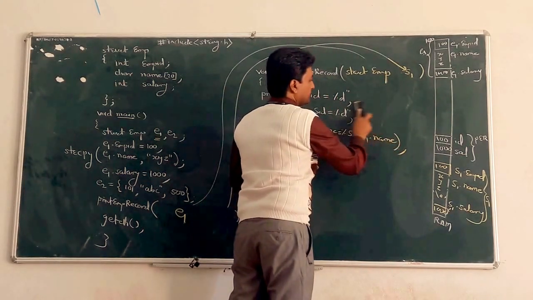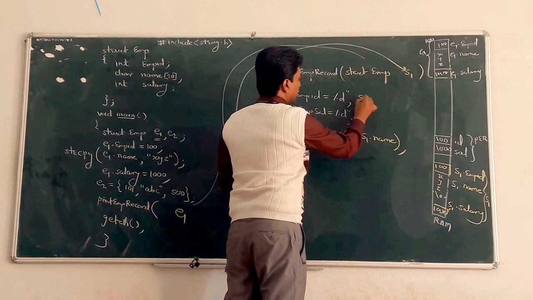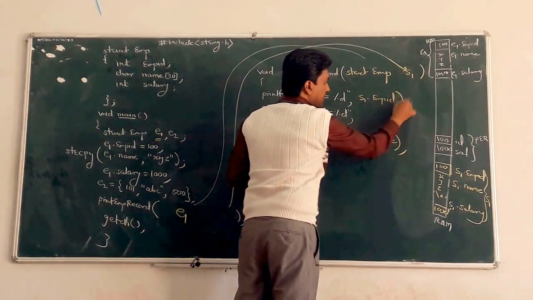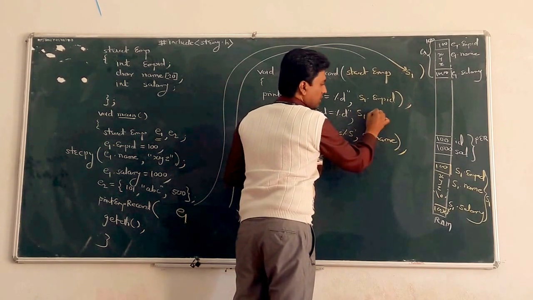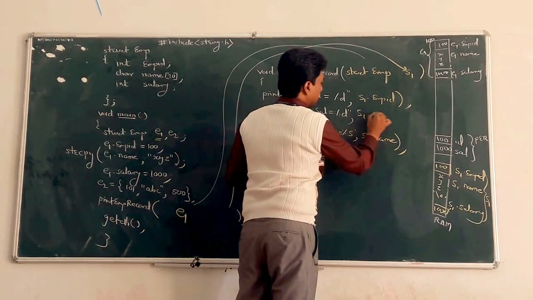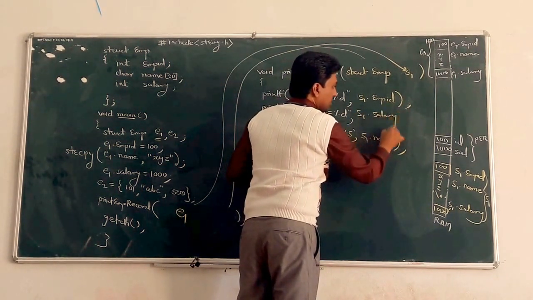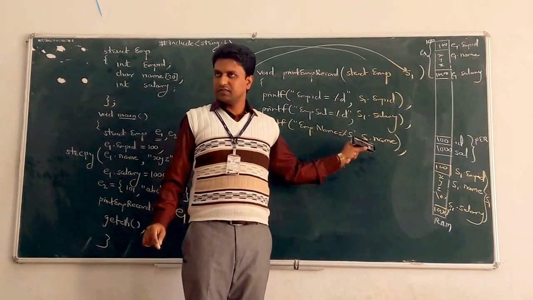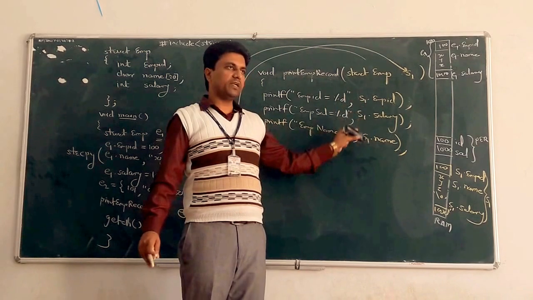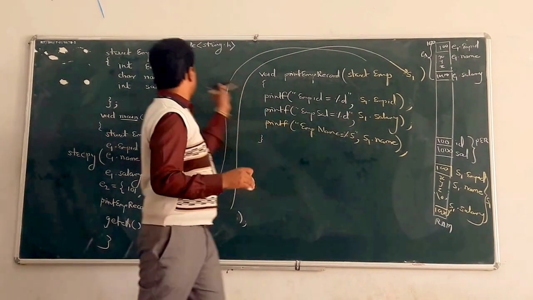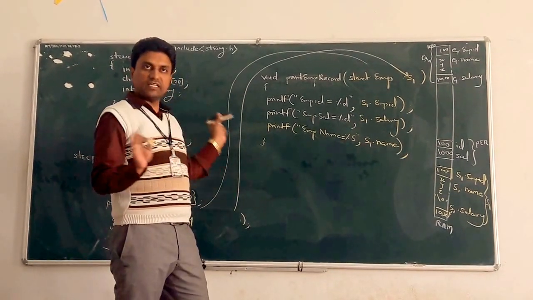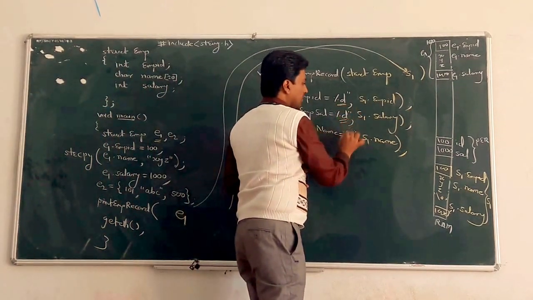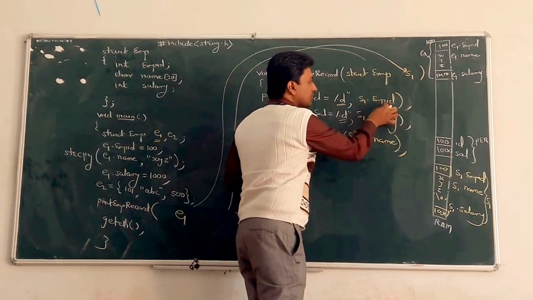Here also S1.EMPID and S1.salary. Okay, no doubt we can change the sequence. Not necessarily do you have to print in sequential order, meaning first employee ID, then name, then salary. No need, because the particular record is stored in the particular S1.employee ID.